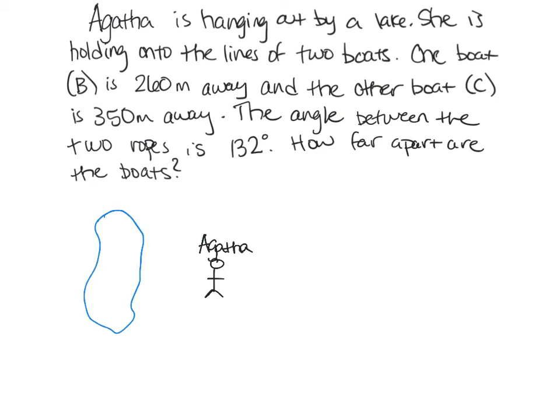She is holding on to two lines of two boats. So let's draw boats. Here are boats. Aren't they beautiful? We know she's holding on to two lines. Actually, let's make that one a solid line. Okay, so Agatha's holding on to two ropes.